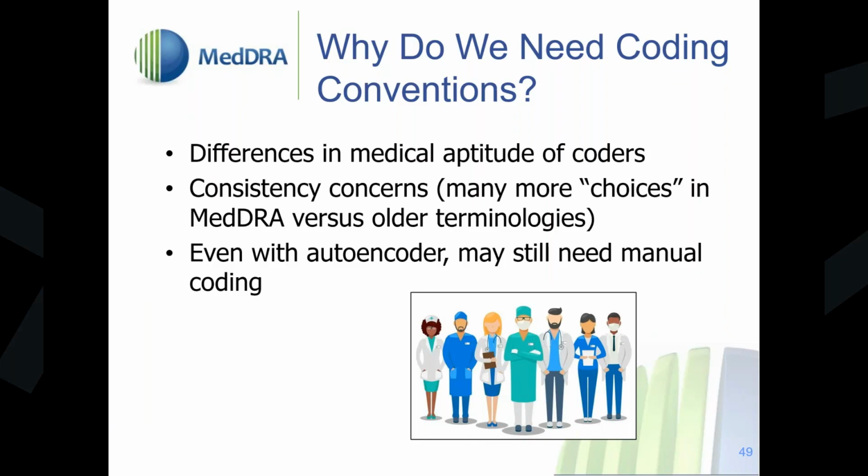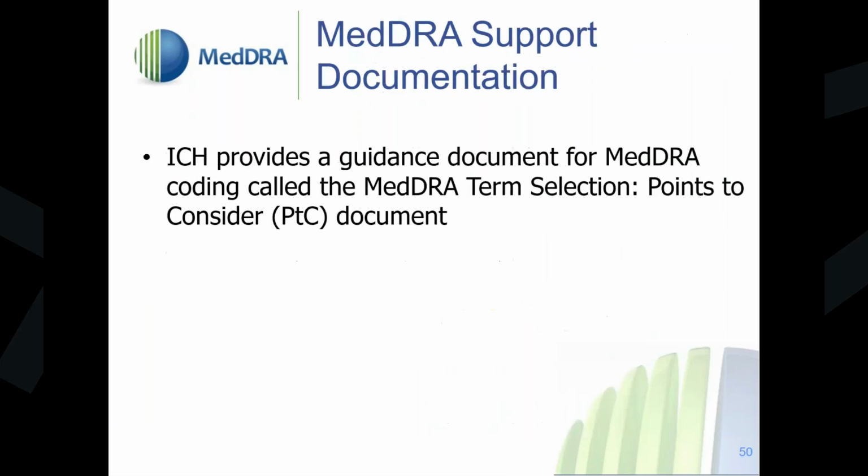Even if you are using an autoencoder, you still need conventions, and you still need manual coding, because the autoencoder does not necessarily always get it right. ICH was also aware that it would be useful for MedDRA users to have ICH endorsed coding guidelines, and that's what their points to consider documents are.